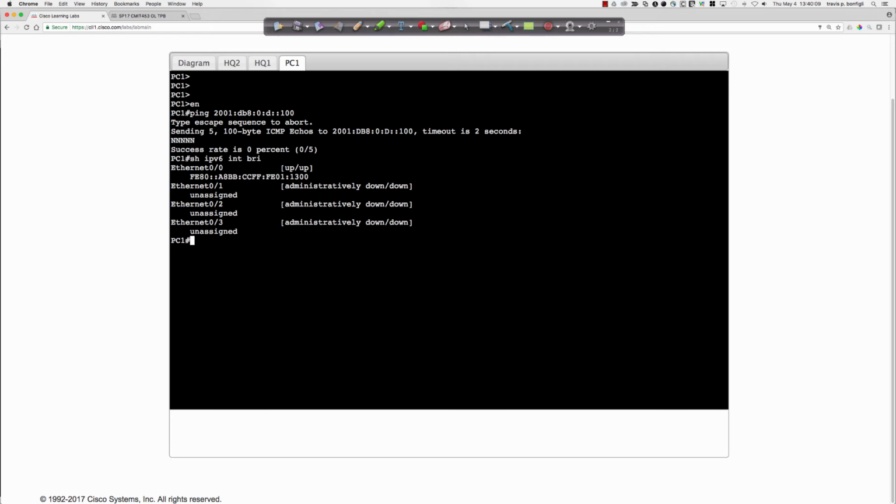But again, we're not getting a global unicast address. So there's no way we're going to get out, because that is a link local address. That address is germane to the local link. We can't go outside of the local link with that address and hope to get out to the internet and then get back. Not going to happen.